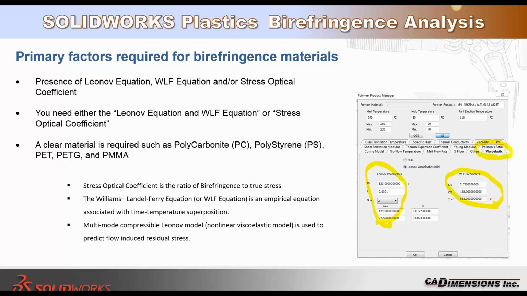Well, when it comes to birefringence analysis, you do have to add some additional information to get the results. So within birefringence material, there are three properties, and the way it works is you'd either have to have the presence of a Leonov equation, WLF equation, and or the stress optical coefficient. Typically, the stress optical coefficient is much more easily obtained. That can be done by sending your plastic pellets to a test lab, and they would be able to evaluate and give you that information.